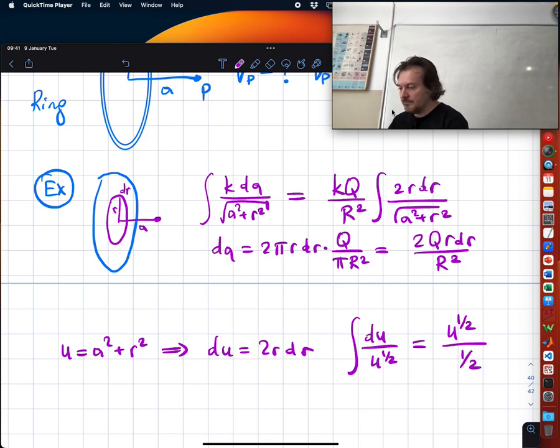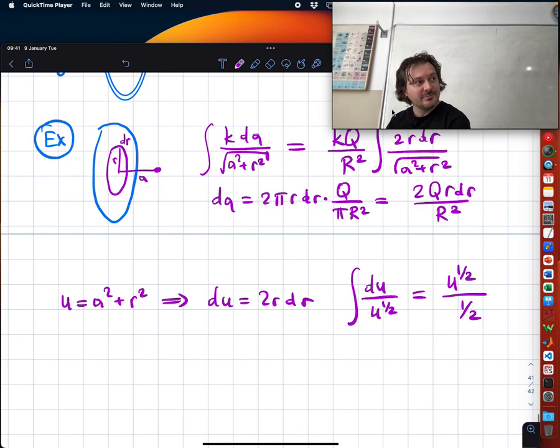Yes? Yes, tell me. Actually, we did integration in the ring, right? It's just scalarly. Yes, we are scalarly summing up the rings. Exactly. Okay. So this time we don't bother ourselves with directions.